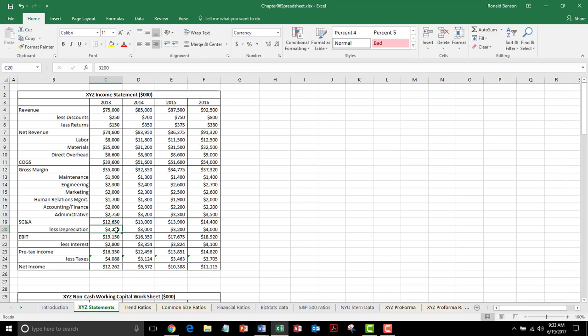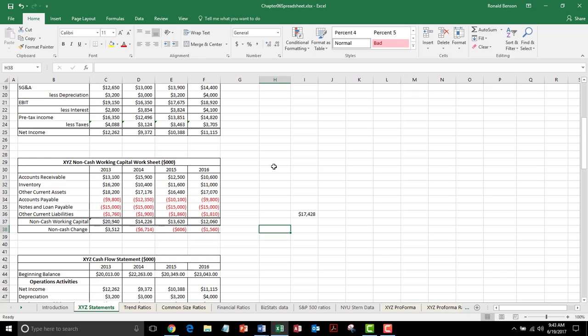In other examples in the last chapter we had depreciation tables. In this case I'm just recording the numbers directly to keep it a little bit simpler. Less interest, we get pre-tax income, subtracting out the interest, C22. And here are the taxes. Subtract out the taxes in C24, and we get the net income for the XYZ company.